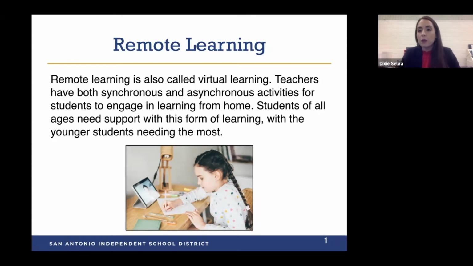They will need a little bit more guidance from adults and caregivers to participate in the remote learning process. I personally have a pre-K student, a first grader, and a second grader, and they're all in dual language. So they have remote learning in both Spanish and English.